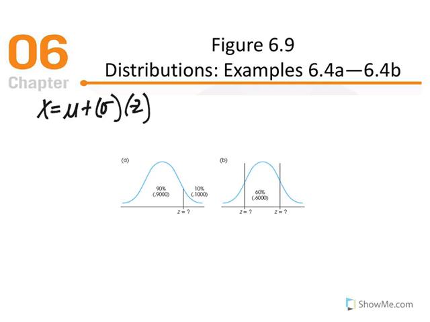Now, this particular example doesn't take us all the way to that point, but I just want to point out that if you are looking at this type of question where they're partitioning off a certain percentage in the tail or in the body or in the center, that ultimately that'll lead you to solving for x. But these are baby steps, and we're going to begin with just identifying what that z-score is, because that's what we would need in our equation. The other variables would be given, so these two would be given, and we'd want to solve for x. But this first step just requires us to identify what the z is.